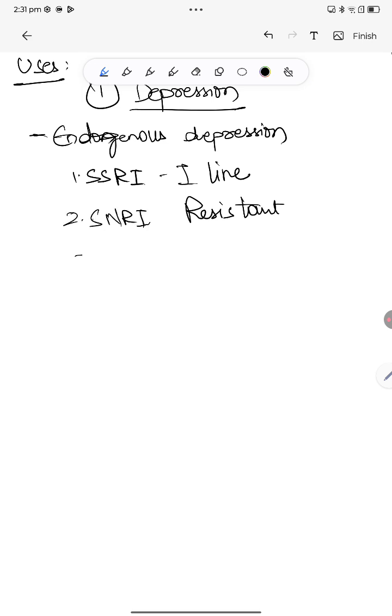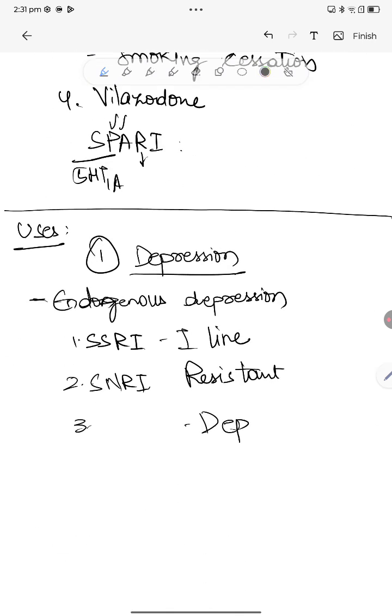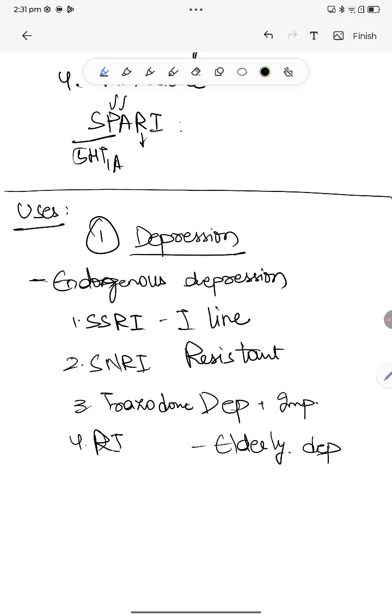In a case of depression with impotence, as discussed earlier, usually trazodone is preferred. In an elderly person with depression, we can use RIMAs because cardiovascular safety is proved for these drugs. This is with respect to depression, the first important use of antidepressants.